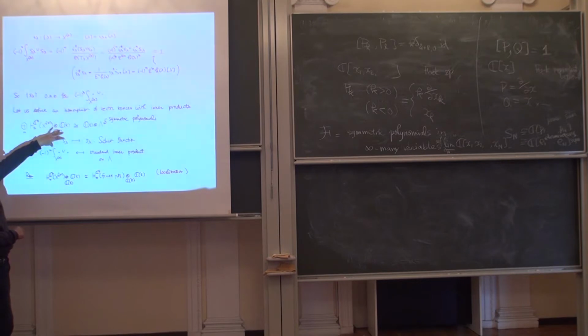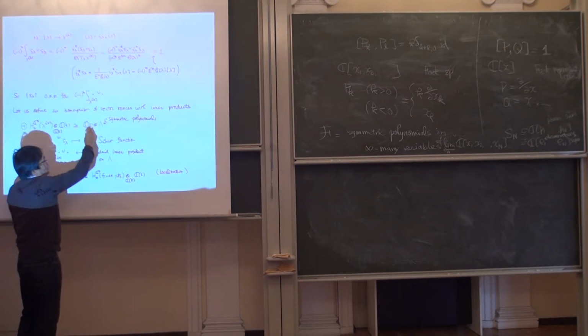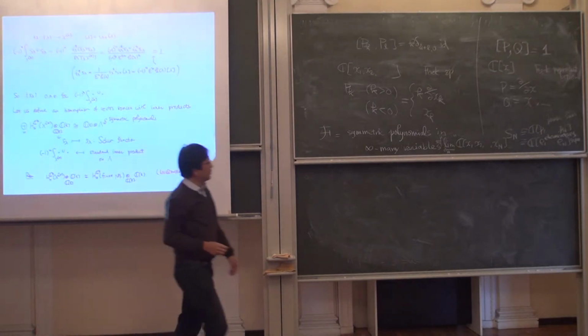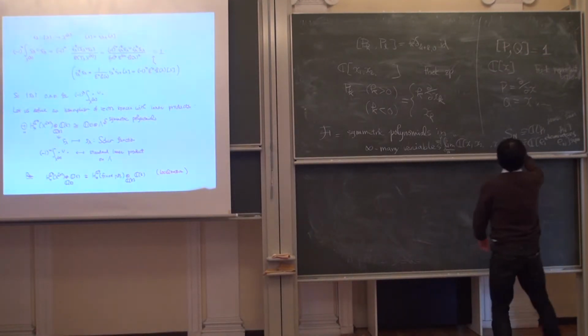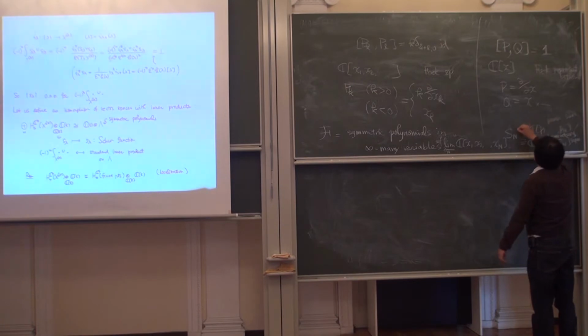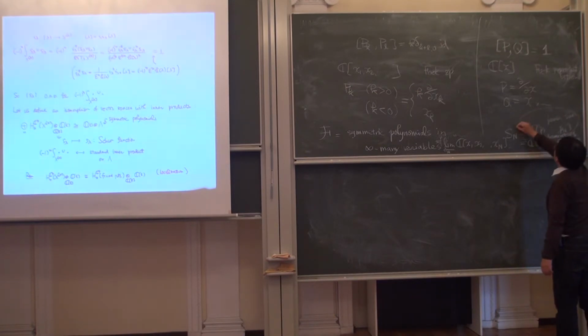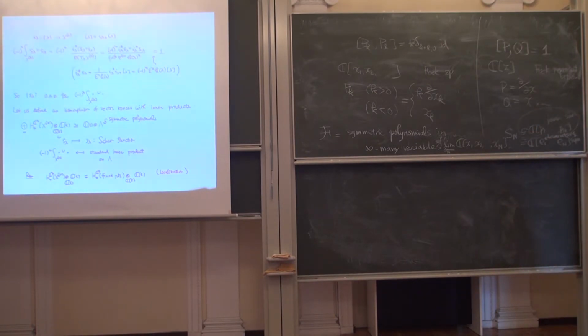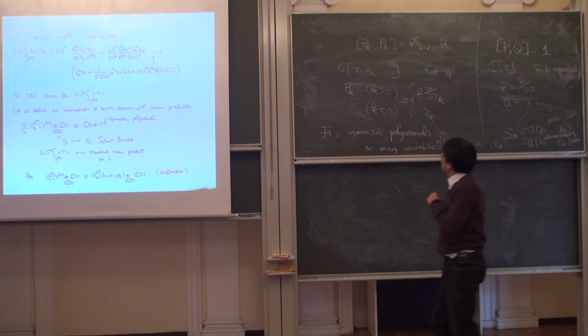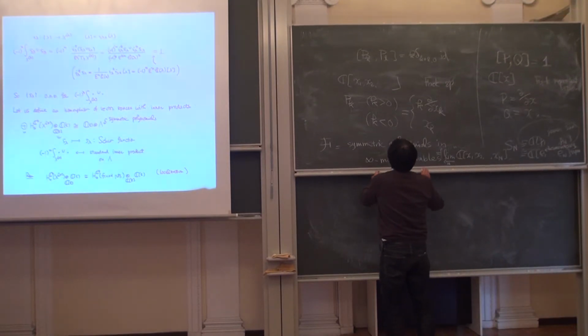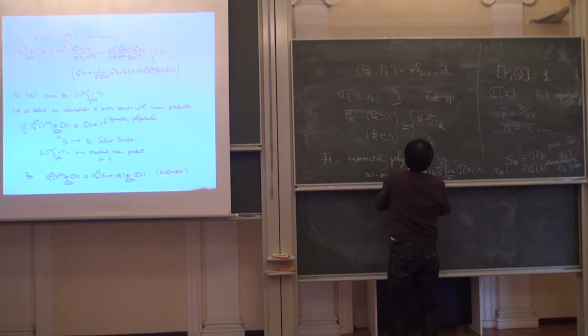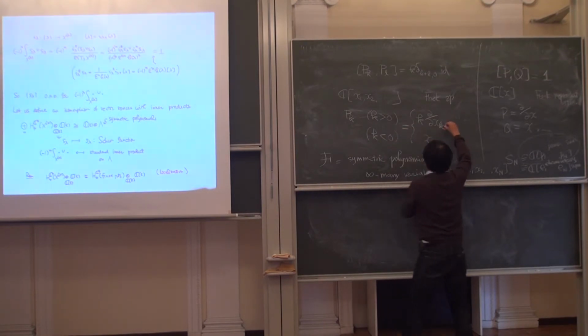So my next goal is this. I already have a Heisenberg algebra action on this space, and I think it's better to consider this ring of power sums. If it's a polynomial ring in power sums, then these operators p_k are multiplication by a power sum or differentiation by a power sum.